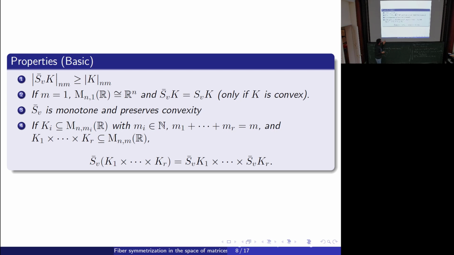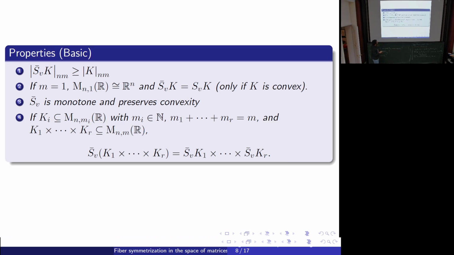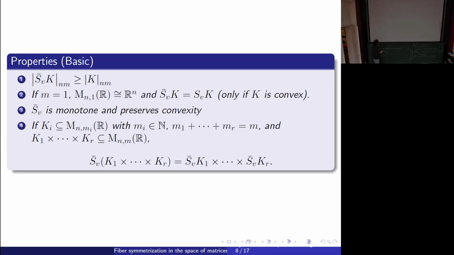And this fiber symmetrization gets along very well with the product. So, for instance, if you have several convex bodies in R^n, and you take the product of all the convex bodies, then the symmetrization of this product will be just the product of the Steiner symmetrizations. Because if m is equal to 1, this is just the usual Steiner symmetrization.